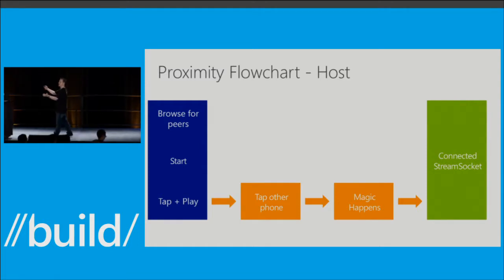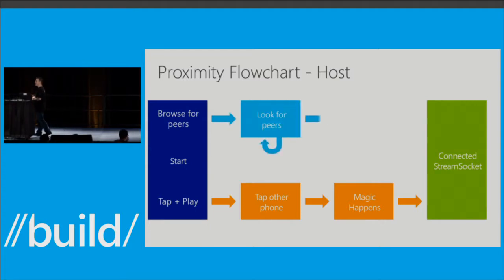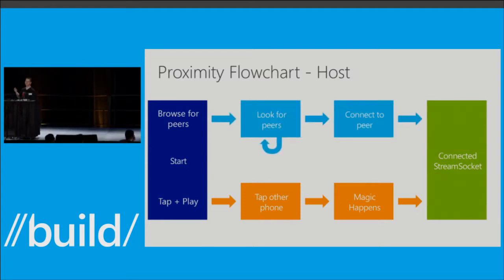You don't really do any work, you just get this connected socket at the other end. And in a browse scenario, what you do is you look for peers, and you continuously do that, polling to see if anybody's around. Once you've found somebody you want to talk to, you connect to them, and then you've got a connected stream socket. So they're the two ways that the host can initiate a proximity-based negotiation.